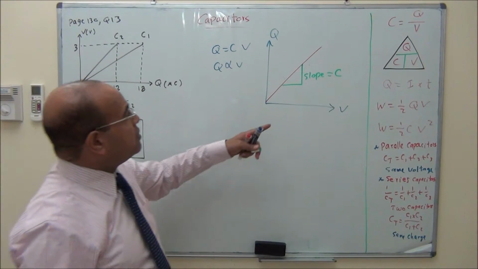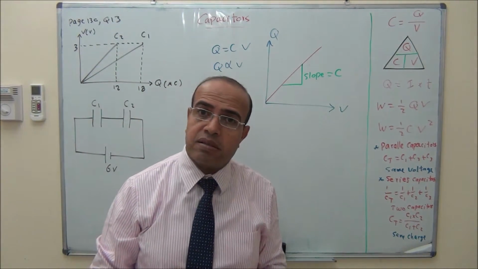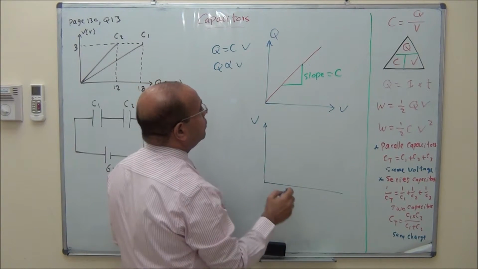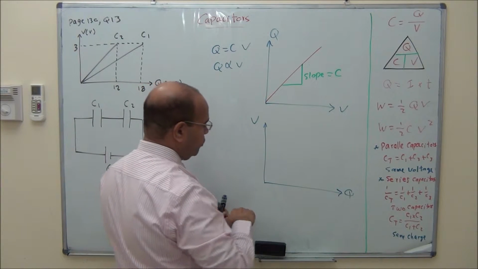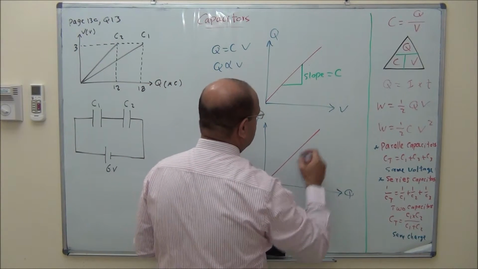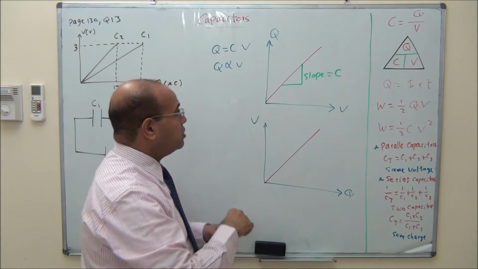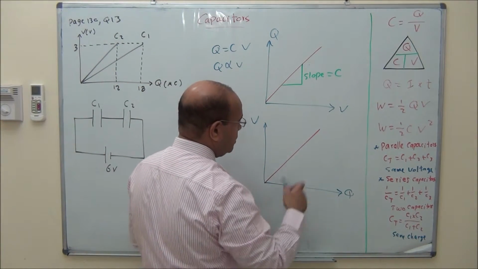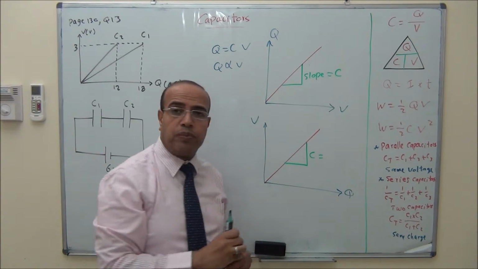But what happens if we represent the voltage on the y-axis and the charge on the x-axis? The graph will also be a straight line, but in this case the slope equals 1 over C. So the capacitance does not equal the slope directly.